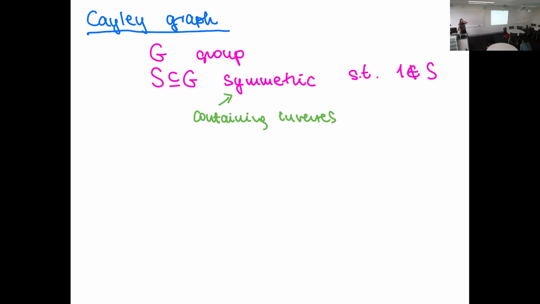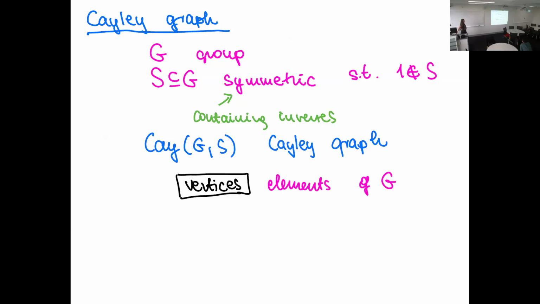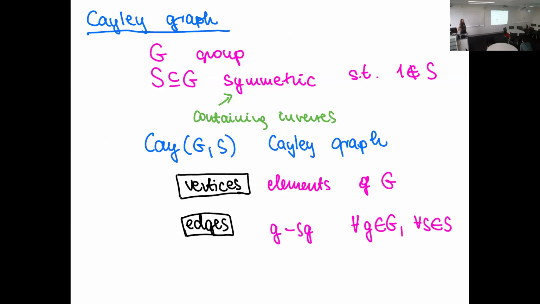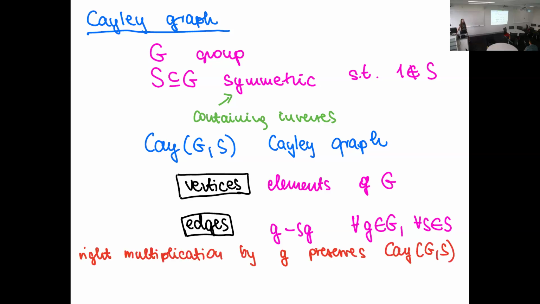Then you can define the Cayley graph, Cay(G,S), to be the graph with vertices that are the elements of G. And there'll be an edge between g and sg for every g in the group and every s in the set. So your S will just be the connection set. So all the neighbors of the identity will be the things in S.